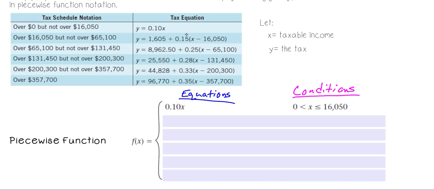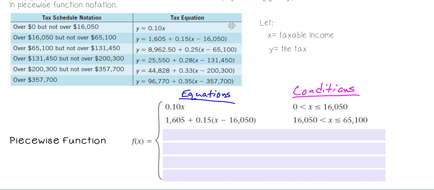So for the second one, y equals 1,605 plus 0.15 times the difference of x minus 16,050, and this occurs when 16,050 is less than x, and that is less than or equal to 65,100.